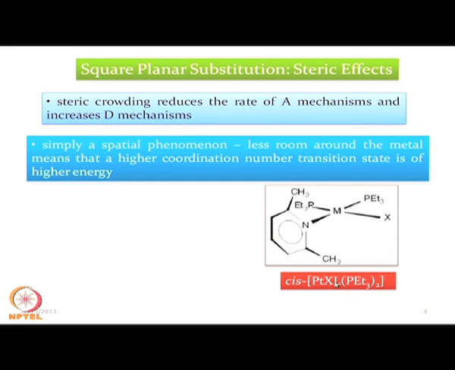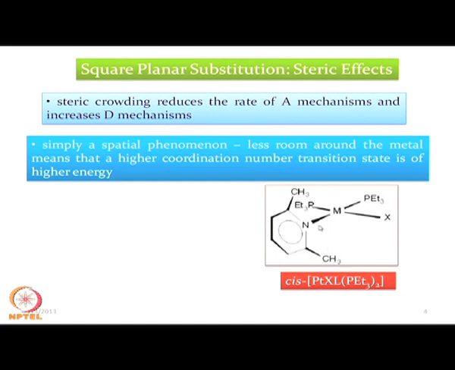Here this is PEt3, X is there, and L is a ligand which has some steric crowding. It is not the simple pyridine molecule, but 2,6-dimethyl pyridine. It has substitution at positions 2 and 6, because one methyl group is going above the square plane and the other is below the square plane, so we are already crowding the top and the bottom of this metal center.